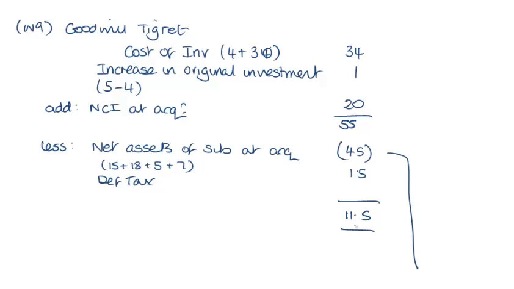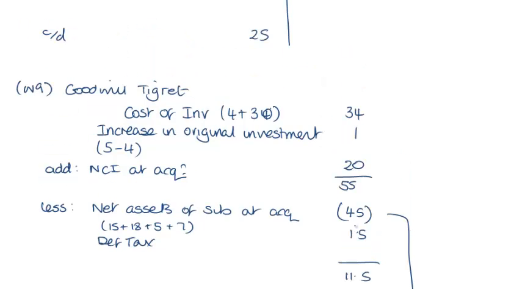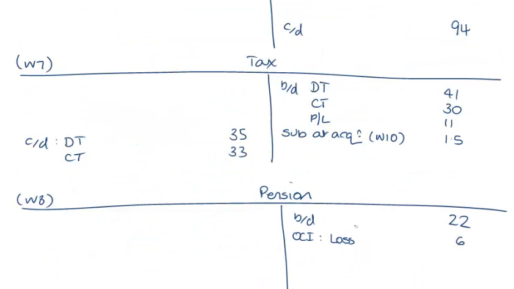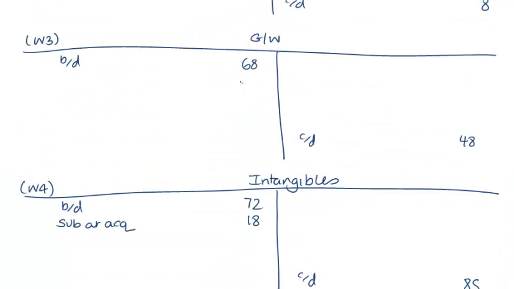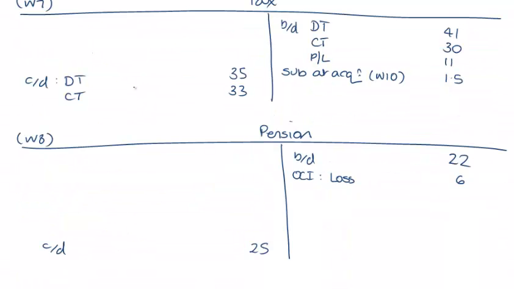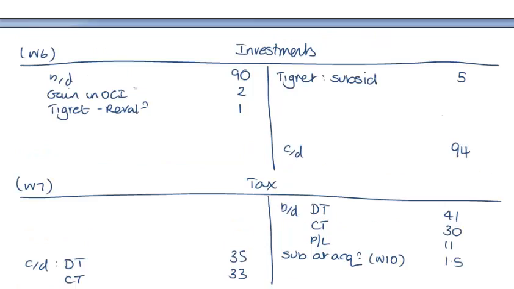So I calculate goodwill arising in respect of the subsidiary as being 11.5. I'm going to take that figure of 11.5, that's Tigray, and that's come from, is it working 9, working 10, lose track, yeah, working number 9.